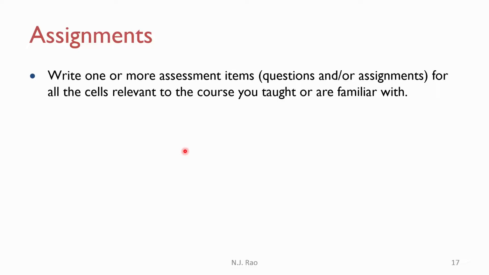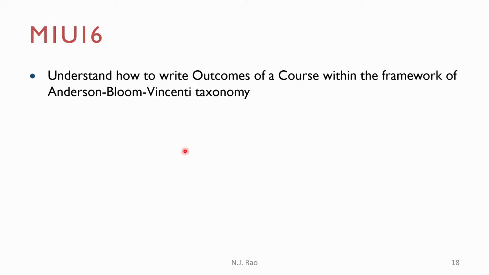So, it could be, let us say, in 6 by 8, 48, you may be dealing with 12, 16 or 20 depending on how you look at the course. You can identify all the cells that are relevant, and for each identified cell you write one or more assessment items, questions, something like that.